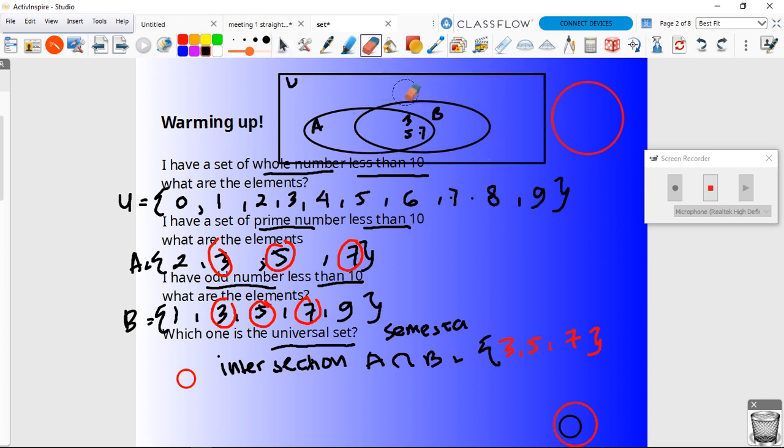Okay, delete this one first. So here we have 3, we have 5, and we have 7. And then for A, 2 remains here, and then for B we have 1 and we have 9 here.